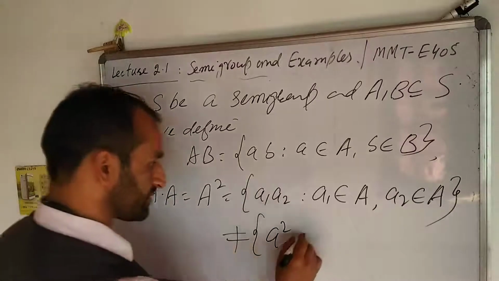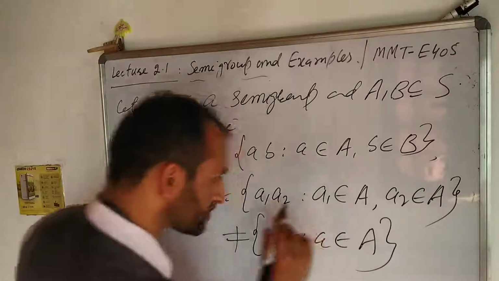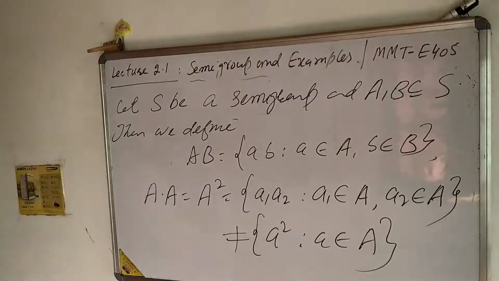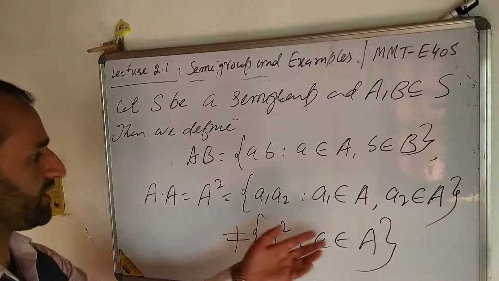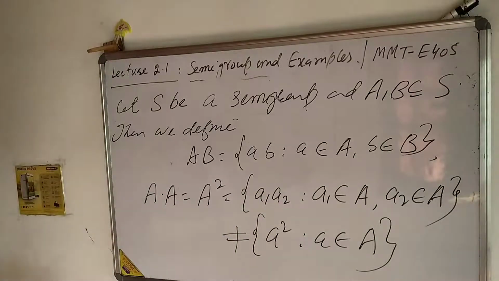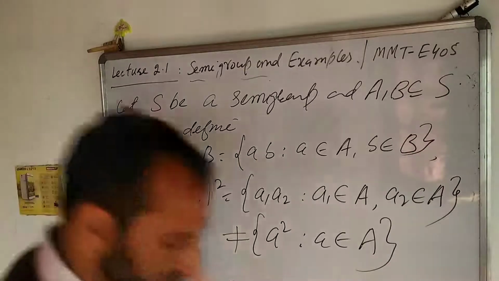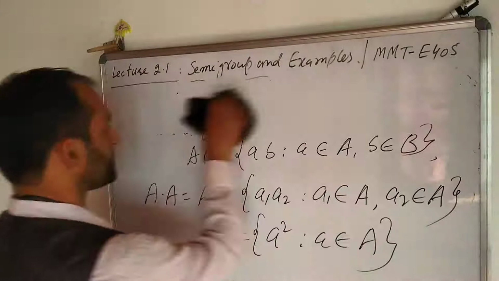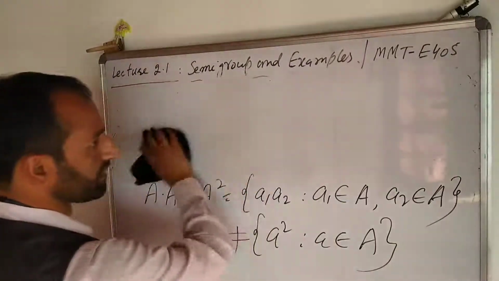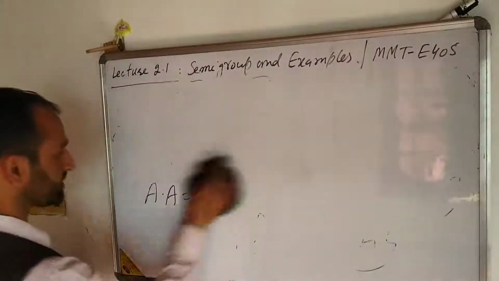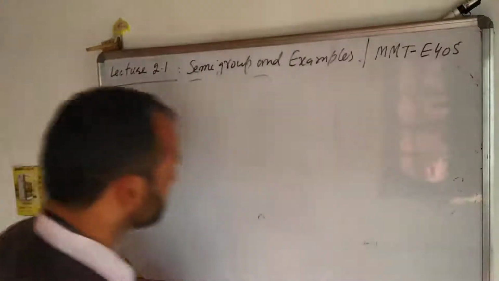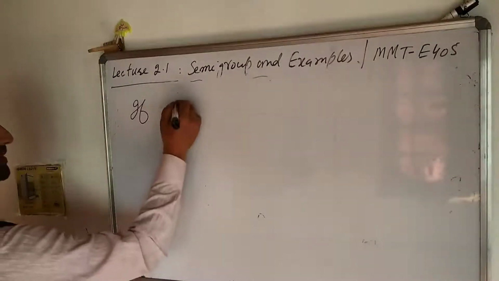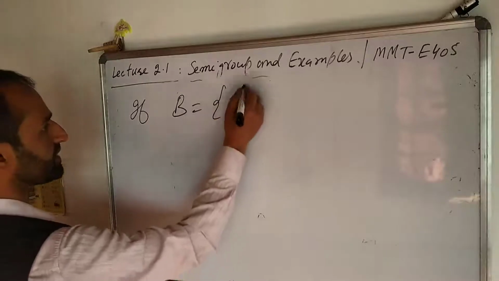It is not equal to the set of a squares. This is understood. It is the product of any two elements of A, not the a square where a belongs to A. So in case B is a singleton set, then what is the product of A with B? Suppose B is equal to the singleton set {b}.